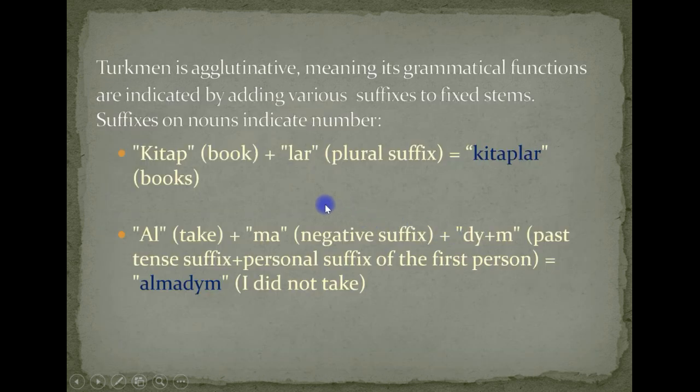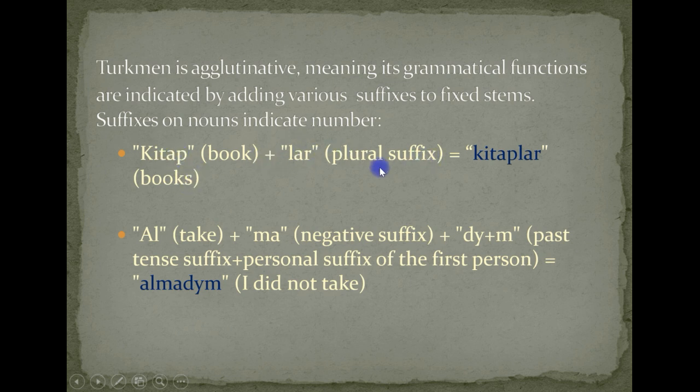So Turkmen is an agglutinative language, not only Turkmen, all the Turkic languages, meaning its grammatical functions are indicated by adding various suffixes to fixed stems, that is, root words. Suffixes on a noun indicate number. For example, kitab, lar.